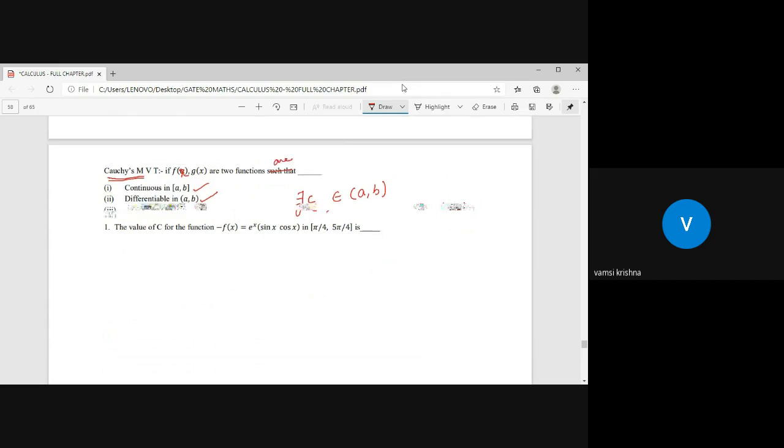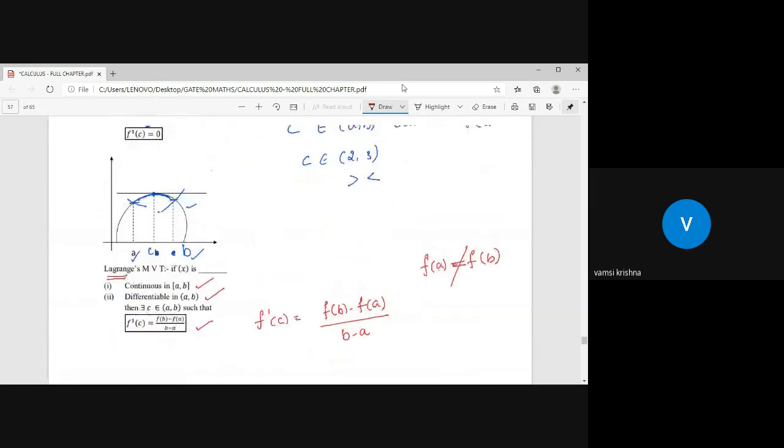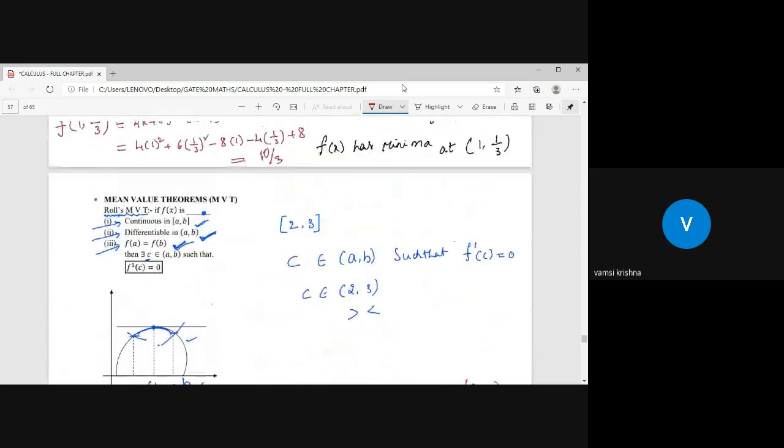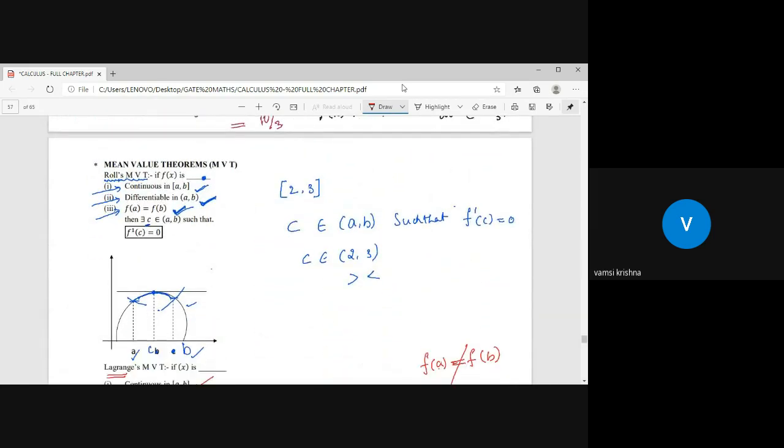Analyze the three given statements. If you are good in these statements, Rolle's: continuous and differentiable, the given functions usually are, and we can't check them in the problem. If you want to, you can check at any point, no problem. And if f of a is equal to f of b, then Rolle's says there exists some point c such that f dash of c is equal to 0.